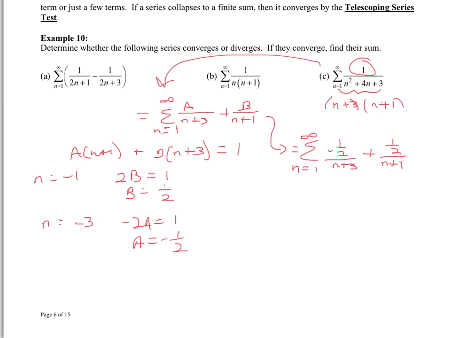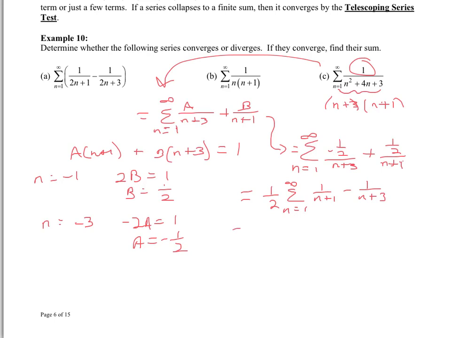And I'm also going to put the terms into a different order. So here we go. We've got 1/2 outside, and then the sum as n goes from 1 to infinity of 1 over n plus 1 minus 1 over n plus 3, just to get that minus in between instead of it sitting out there at the front. It doesn't matter. You get the same result.